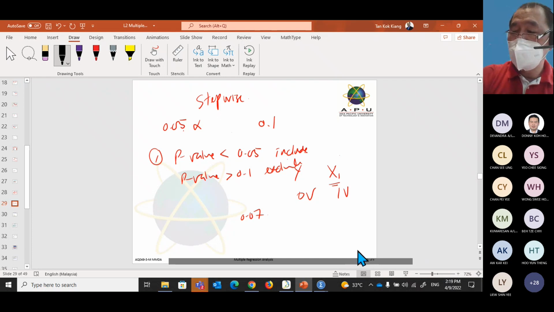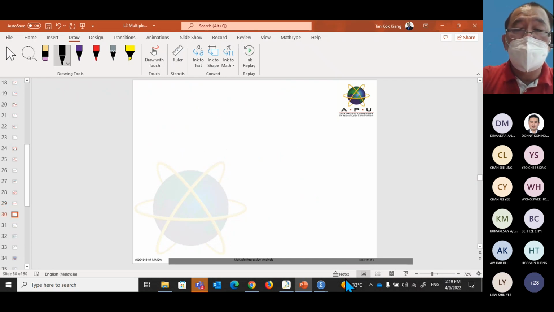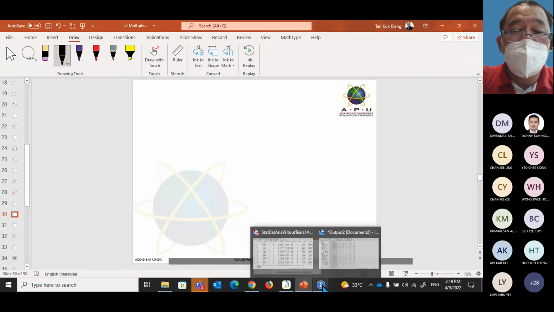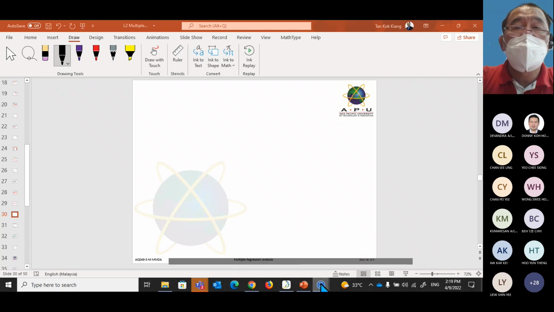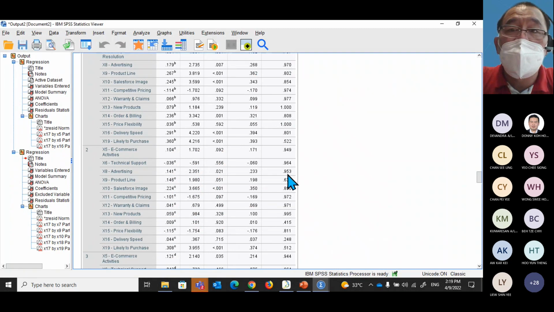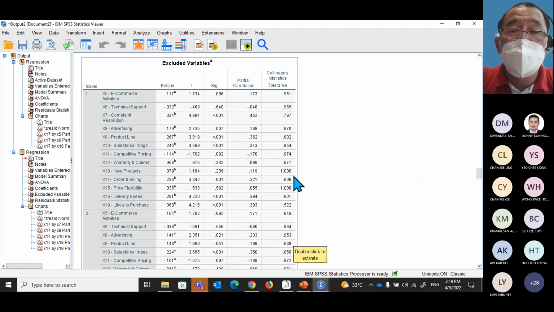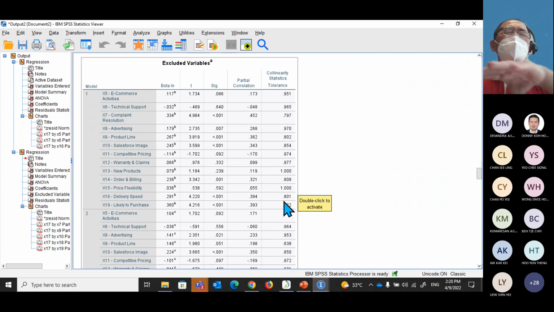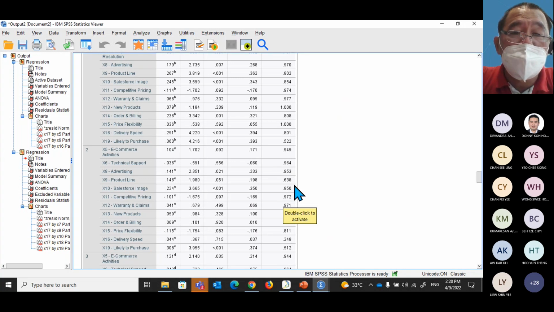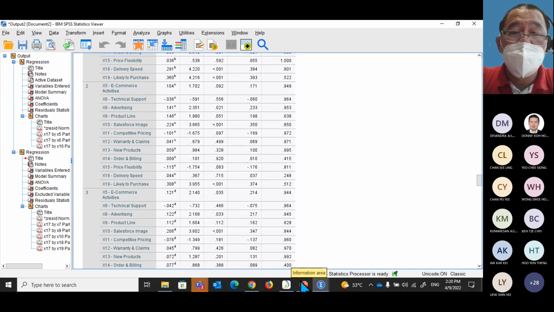I think all should be quite large. Yes, correct, it's quite large, therefore no problem. Basically, the cut-off point for tolerance is 0.1. This will link to the multicollinearity. We see this in a short while.